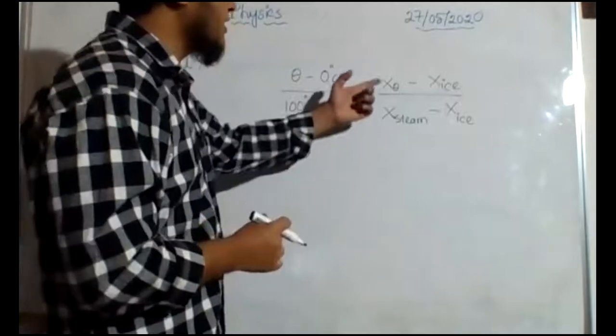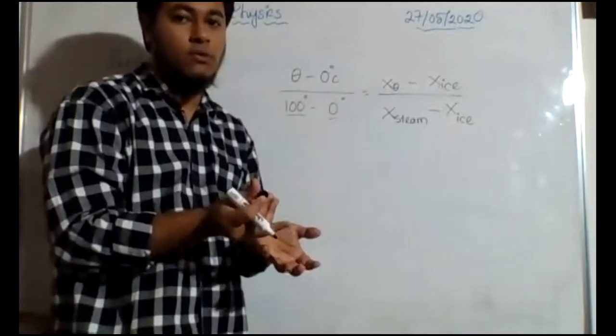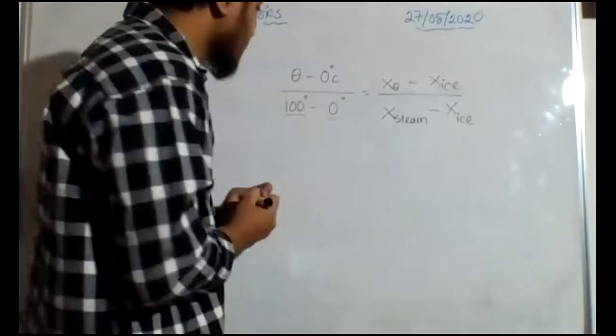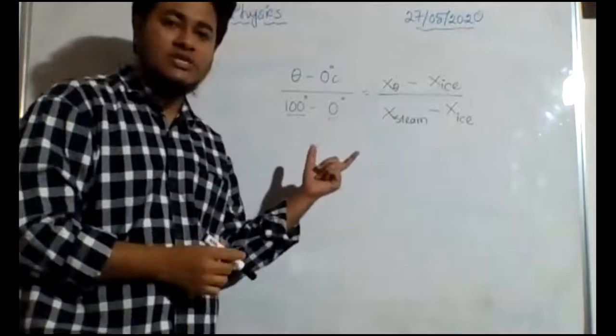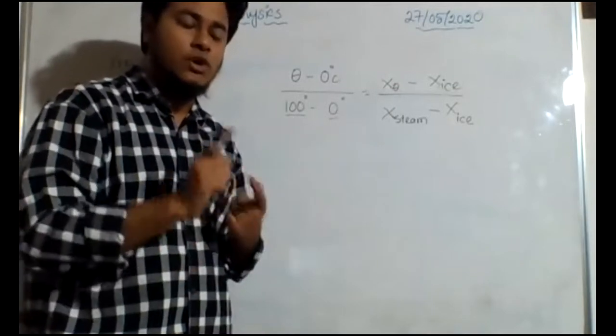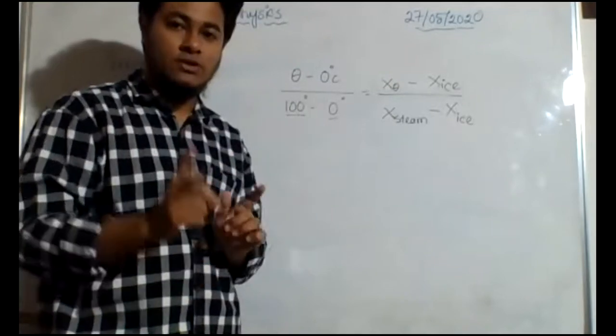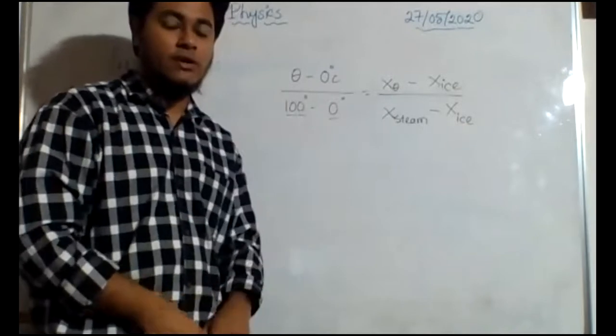So at that time you might write L theta, L ice. So X is common for all. Okay, got the point? Understood how this equation came? This is similar to a calculation that we saw during the calculation of relative humidity. If you remember, it is similar to that, right?